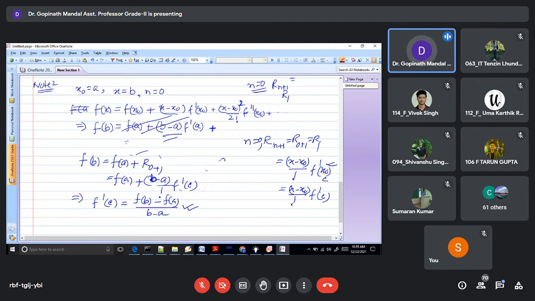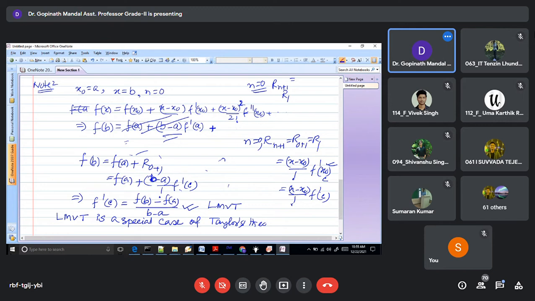This is the form of Lagrange's mean value theorem. So we can consider that Lagrange's mean value theorem is a special case of Taylor's theorem.